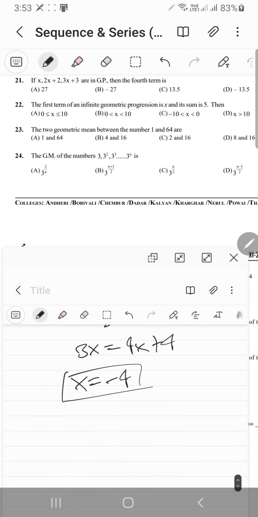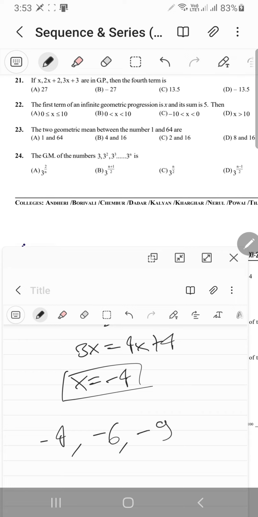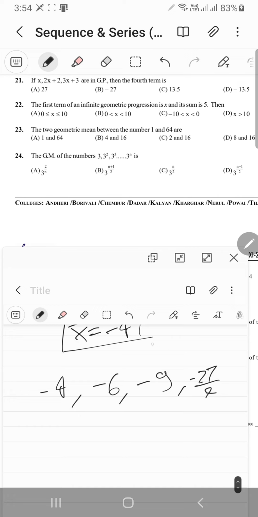Then the terms are negative 4, that times 3 upon 2 is negative 6, and then negative 9. Then the fourth term is negative 27 upon 2, which is negative 13.5 in decimals. Yes, negative 13.5.